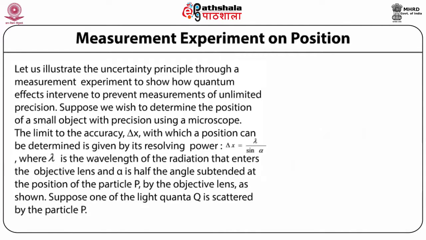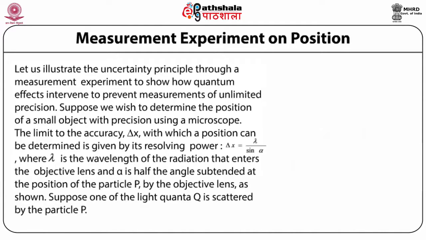The limit to the accuracy delta x with which a position can be determined is given by its resolving power, where the resolving power is given by delta x equal to lambda by sine alpha, where lambda is the wavelength of the radiation that enters the objective lens and alpha is the half angle subtended at the position of the particle P by the objective lens. The students can see this in the figure also to get a clear picture of what we are discussing.